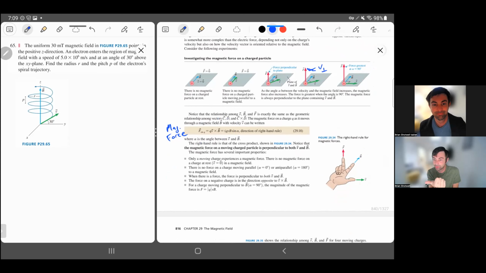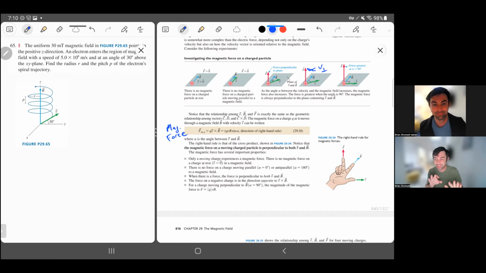You have your thumb in the direction of the velocity, your fingers in the direction of the magnetic field, and then the direction out of your palm is the force on that charged particle. So then you either have to flip that direction if you have a negative charge, or maybe you have to start with your left hand.